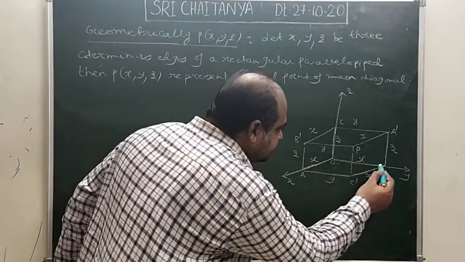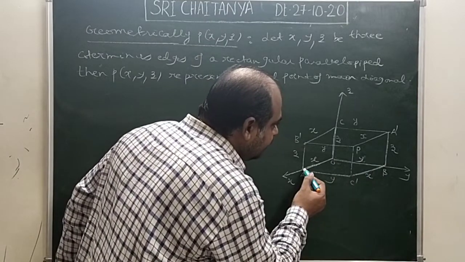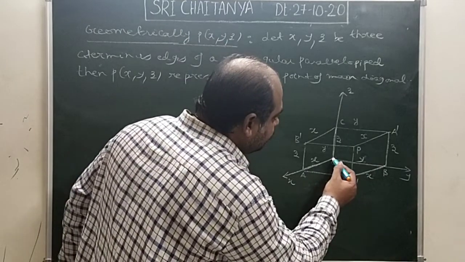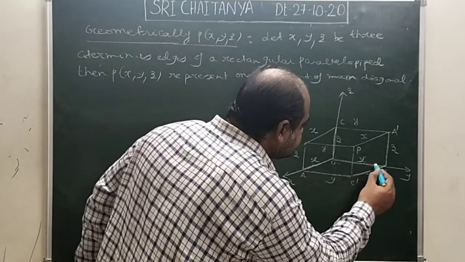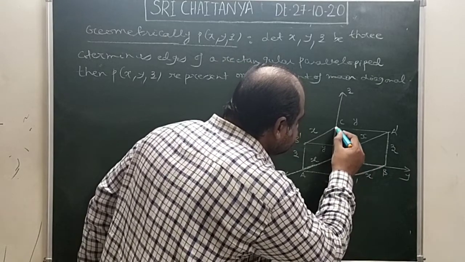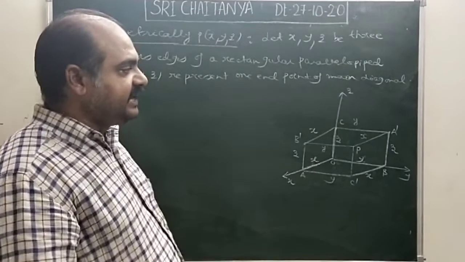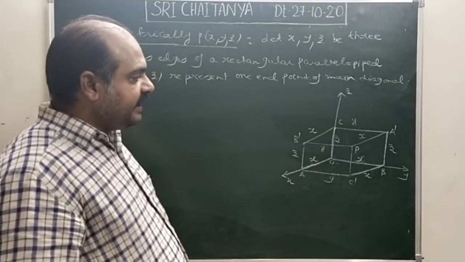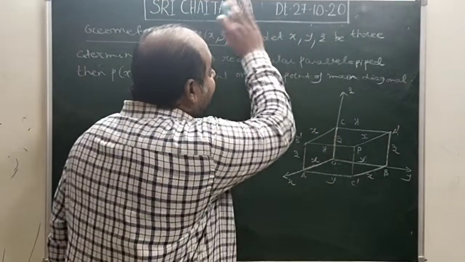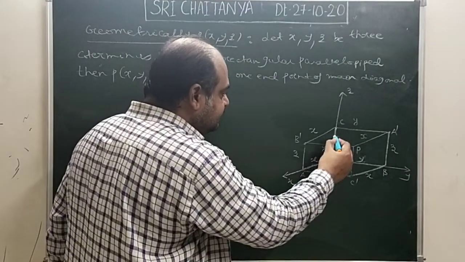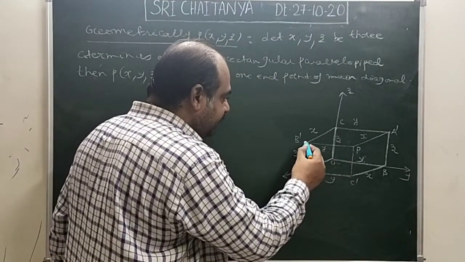Look at this is XY plane, and then to the left of me, this rectangle is there. That is in the YZ plane. That is treated as YZ plane. And then this face is there. This is ZX plane.